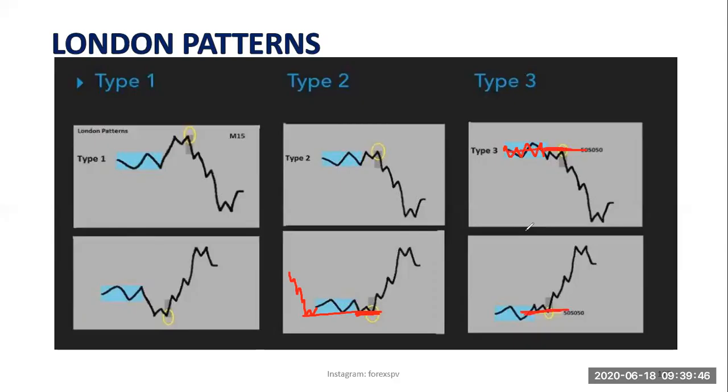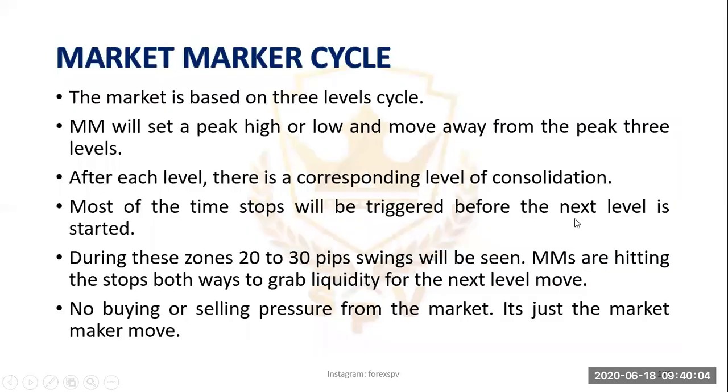So you simply see a bounce around the 50 EMA for a 50-50 bounce trade. And that will be a type 3 London pattern. Usually it occurs after an EMA combo on the previous day. So those are the three types of patterns that we usually look for in the market.